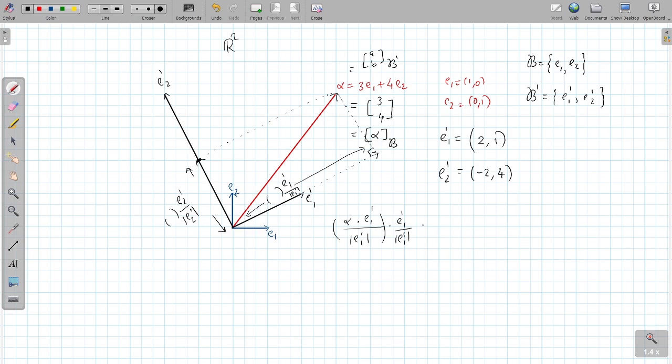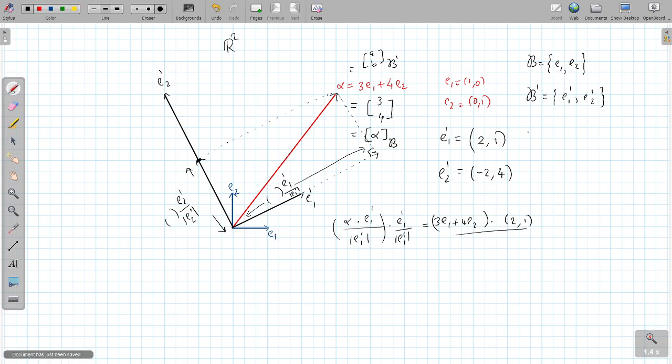So this is nothing but alpha, which is 3e1 plus 4e2, dot e1 prime. E1 prime is (2, 1), and the whole divided by norm of e1 prime times norm of e1 prime, or modulus of e1 prime squared.